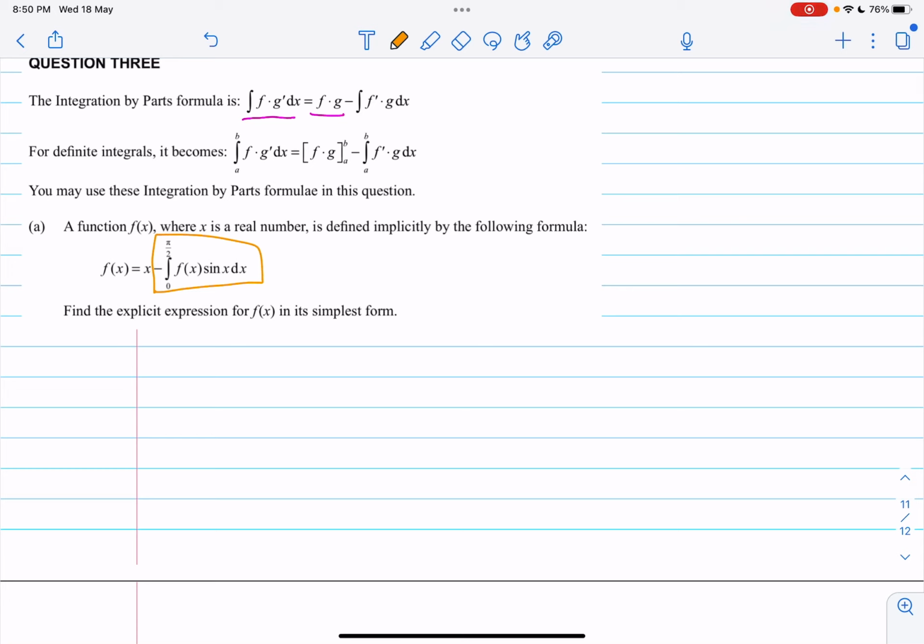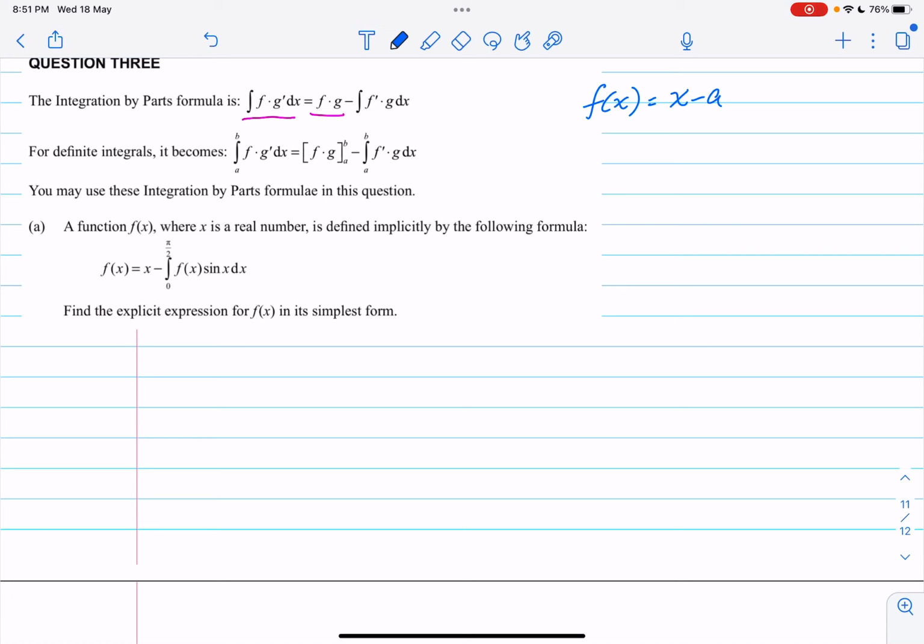Okay, so what we can do is we can say that f(x) equals x minus a, right? We can say that this part is a constant.